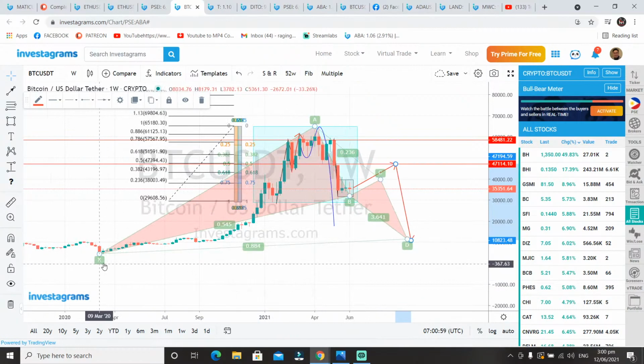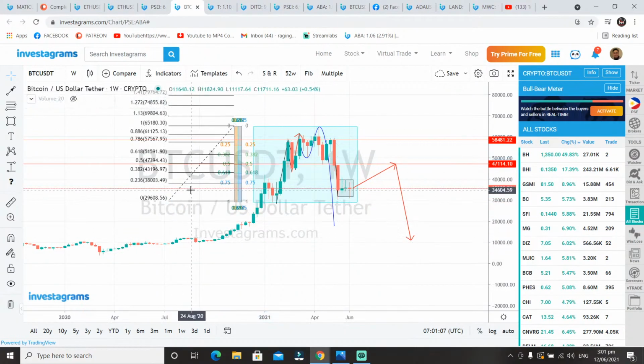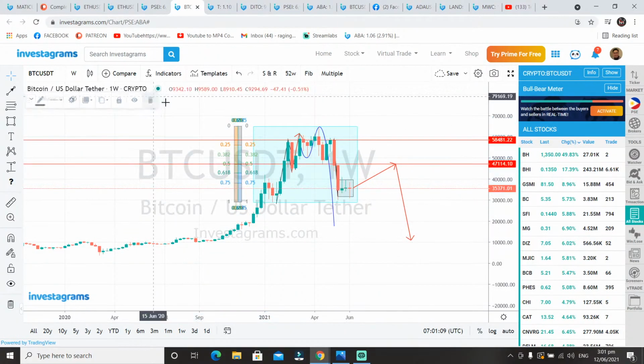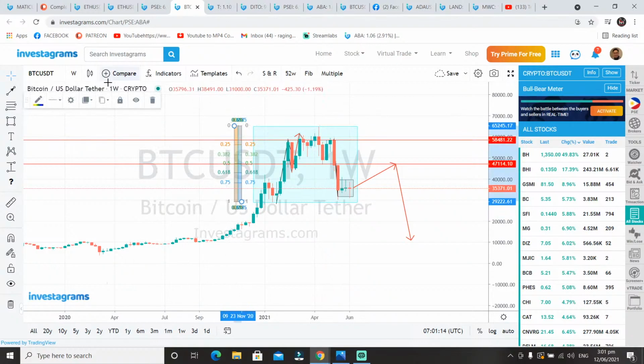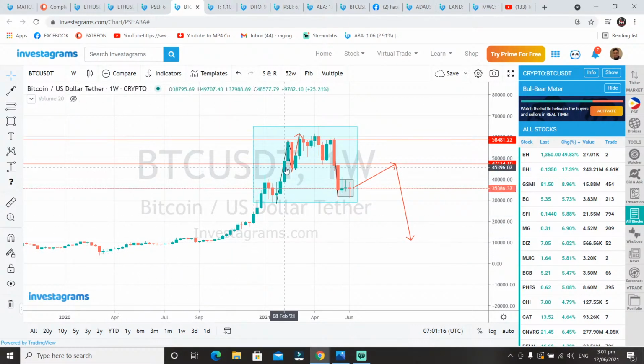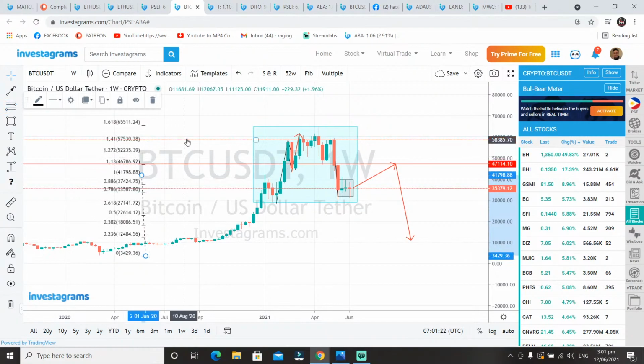So this is it. Other than this, maybe we can also try to use a shark pattern or a cipher pattern, okay? Because they're both telling the same story. So from here to here, how much is that? 161.